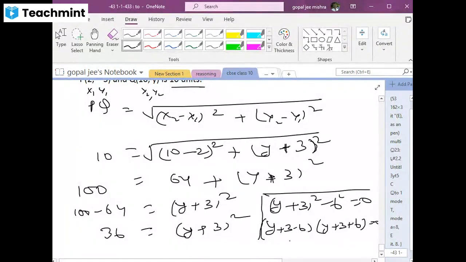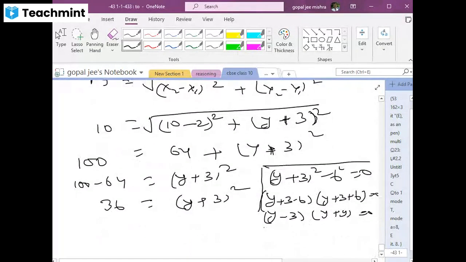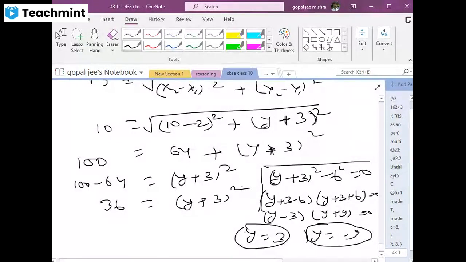Here I have got y minus 3 into y plus 9 is equal to 0. Now see here beta, y minus 3 is equal to 0, then y is equal to 3, or y is equal to minus 9. So these are the two values of y that you have got due to the coordinate nature of the system.